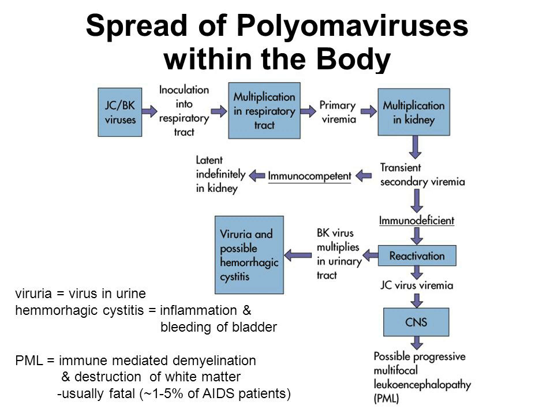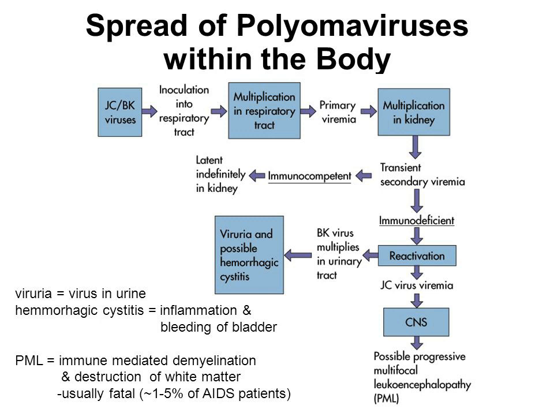But if the patient becomes immunodeficient, you get reactivation of the virus. Now, if it's JC virus, the reactivation leads to targeting of the central nervous system and the development of PML. If the virus is BK, when it's reactivated, it multiplies in the urinary tract, and you get various types of damage to the kidneys and urinary tract.